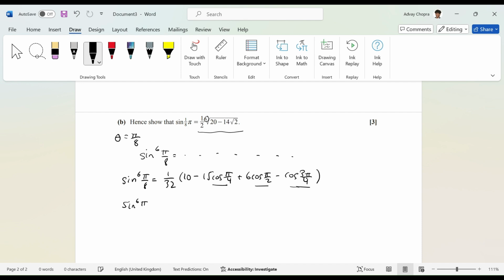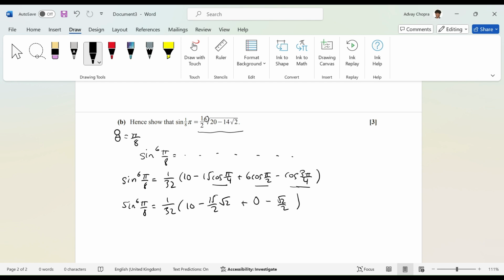Sine to the 6th of pi over 8 is equal to 1 over 32, 10 minus, so cos pi over 4 is just root 2 over 2, so that's 15 over 2 root 2, plus 6 cos pi over 2, which is 0, so this just disappears. And we know that cos 3 pi over 4 is negative root 2 over 2.